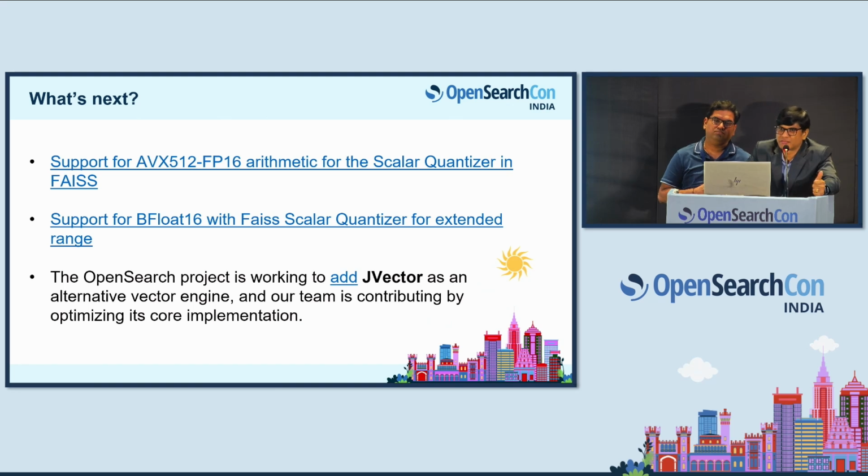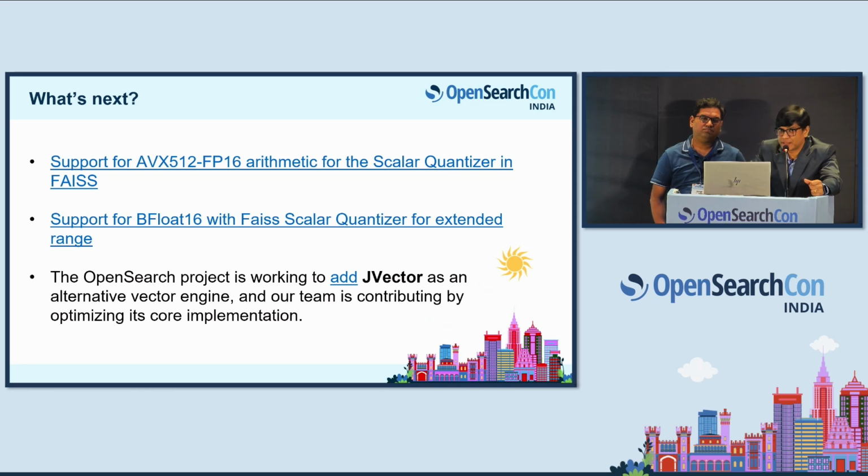Is that it? No, definitely not. We have some other upcoming works. We are continuously engaging with the FAISS community as well as the OpenSearch community. We are working on supporting AVX-512 FP16 arithmetic for the scalar quantizer.